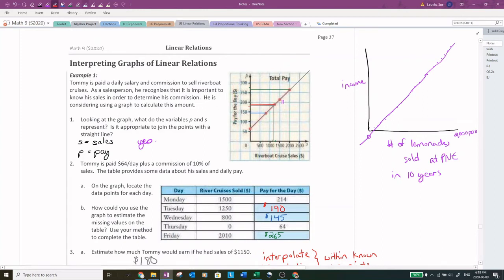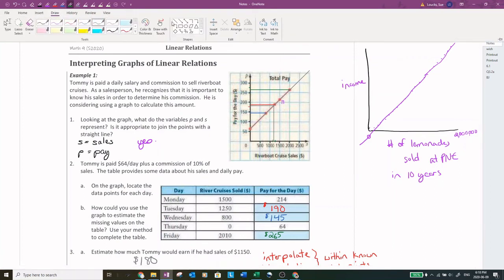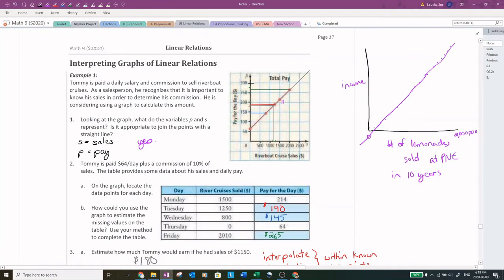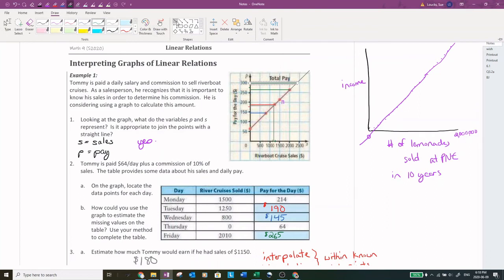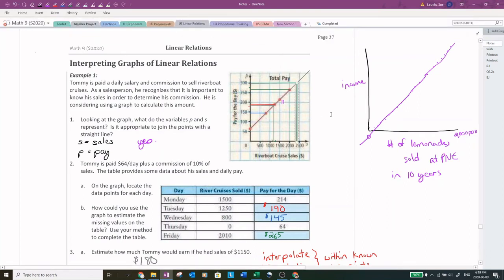Okay, so now I can go to my $300 in pay, and I can extend my line out to the graph, and then I can do another line going down from there. There.